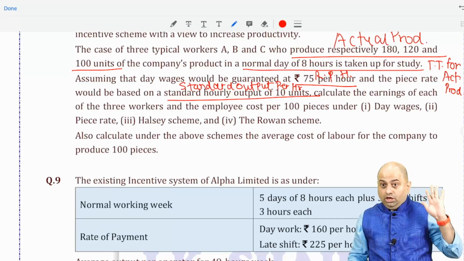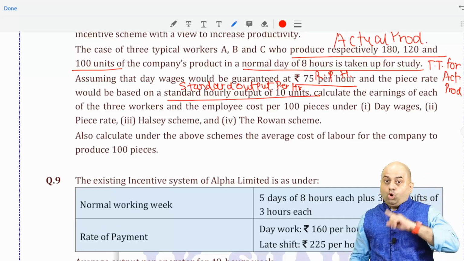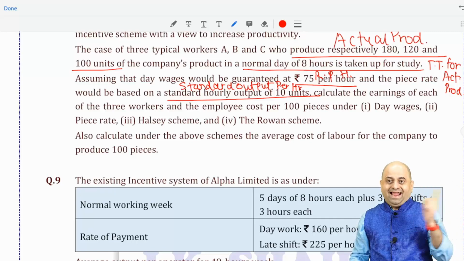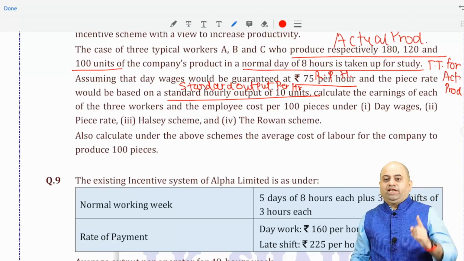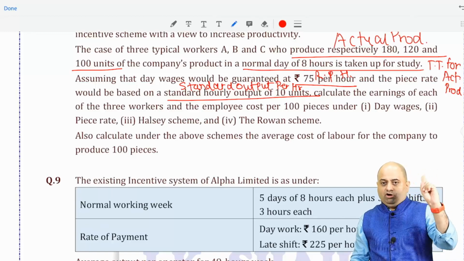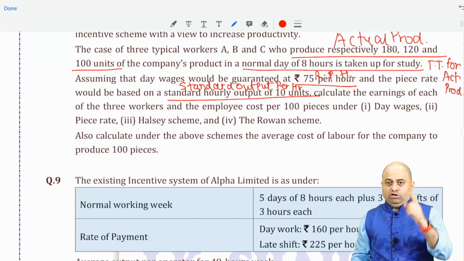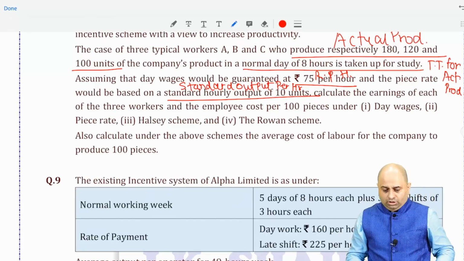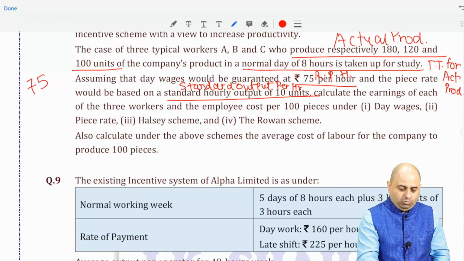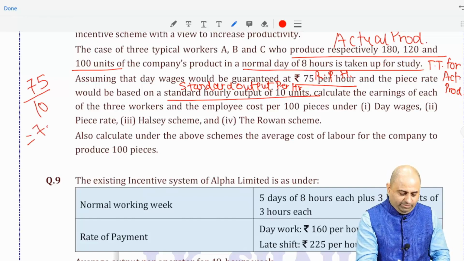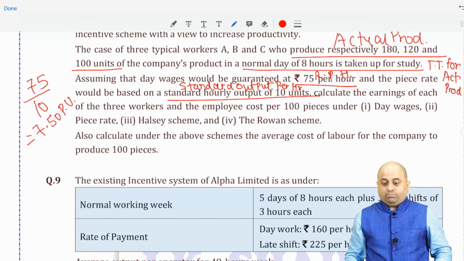If you don't remember, go back in the video and see the beginning, and you will realize we have done this formula: rate per unit is equal to rate per hour upon standard output per hour. So here 75 is rate per hour, standard output per hour is 10, so 7.50 is rate per unit. This is the point which I wanted you to understand.